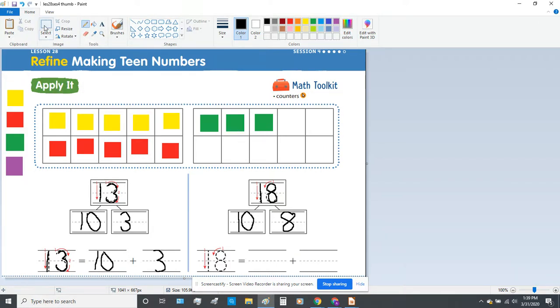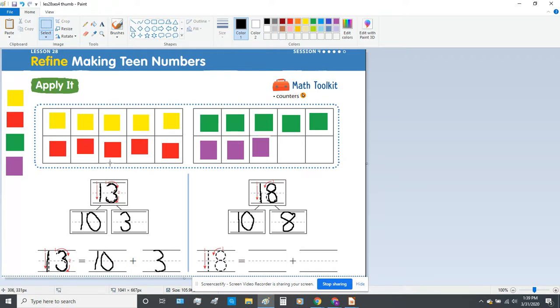Let's see what 18 looks like. We already have 13, so let's keep counting. 13, 14, 15, come in here and get your purples, 16, 17, and 18.